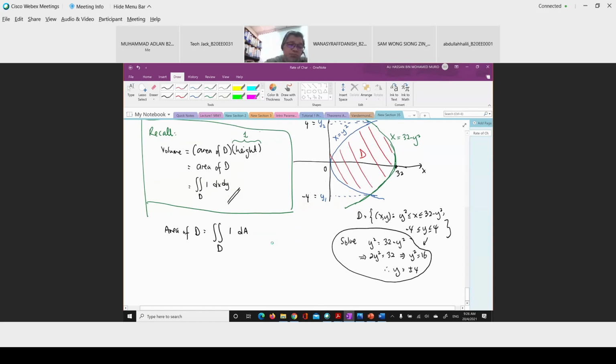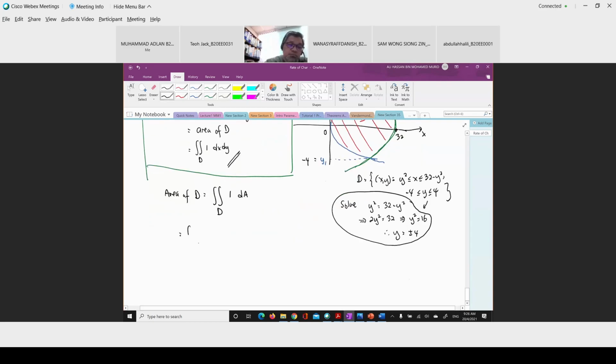Now we evaluate this double integral using the order dx dy, where x is between y squared and 32 minus y squared as the upper limit, and y is between minus 4 and 4.